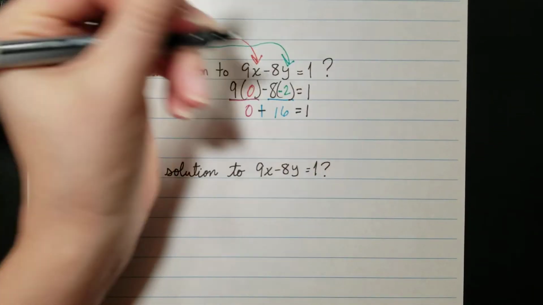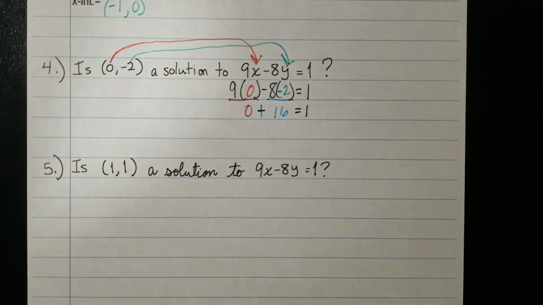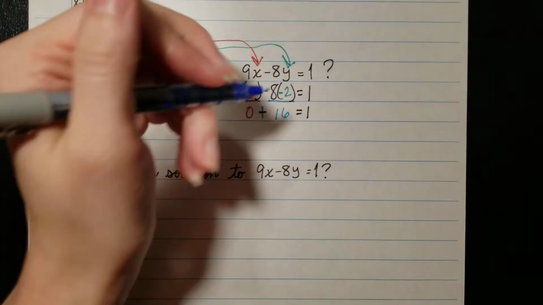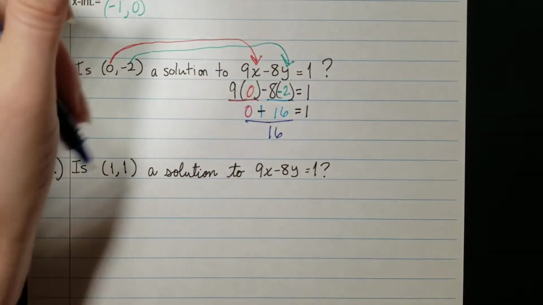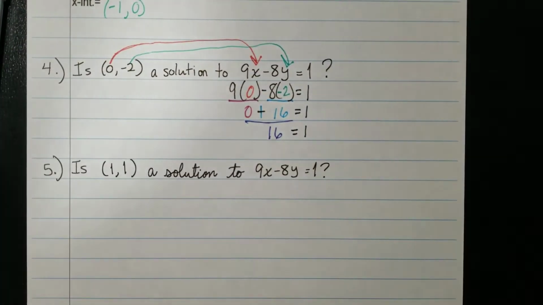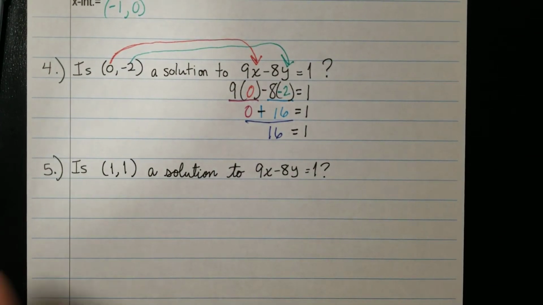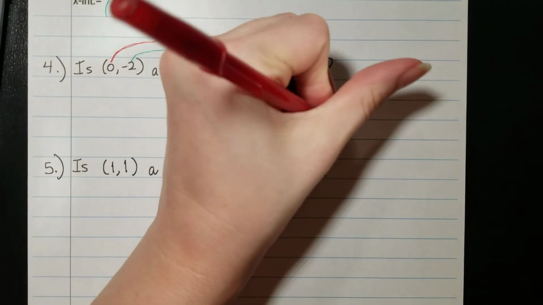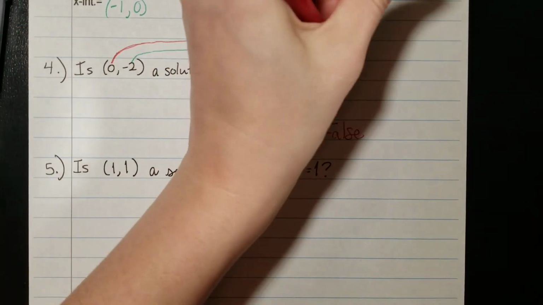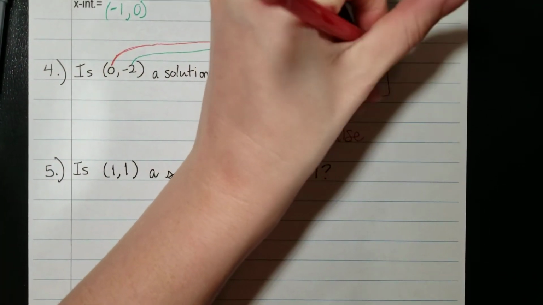All right, well, 0 plus 16 is 16, and 16 equals 1, we know that is false. So to answer their question, no.